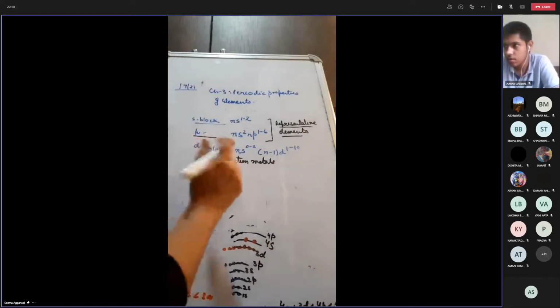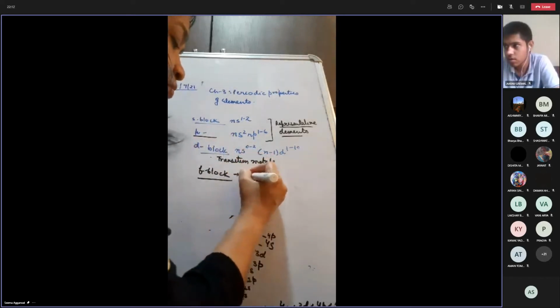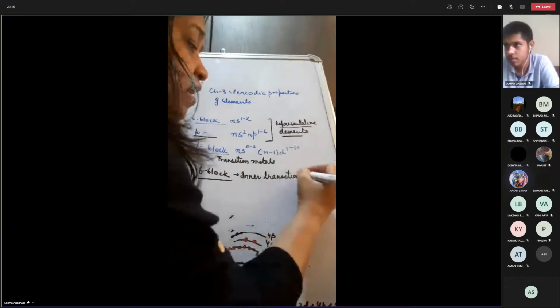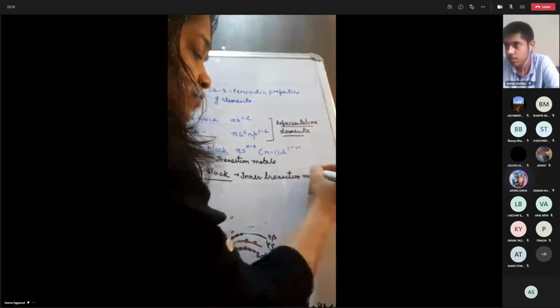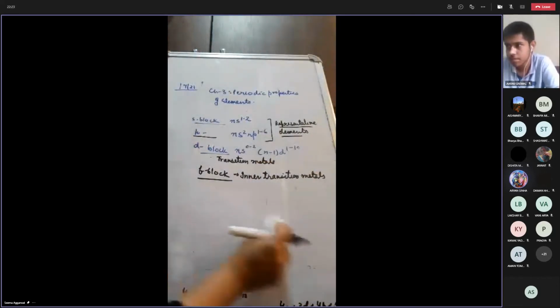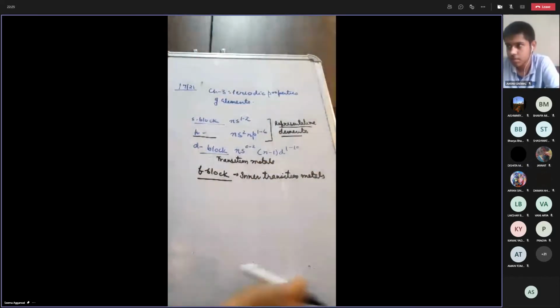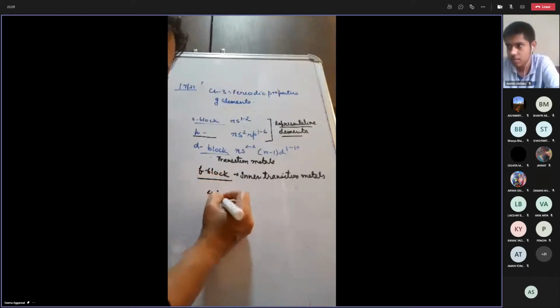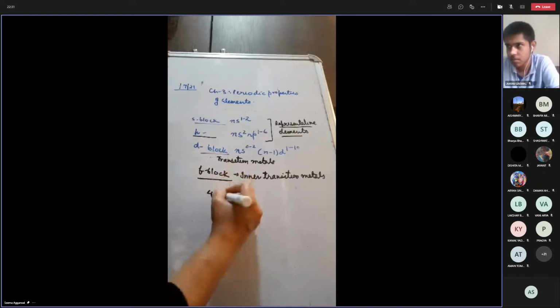What is the name given to F block elements? Representative elements again? Inner transition elements, or metals, or elements we can also say. And then I have told you in the case of F block, what we have got is the 4f series, and then the 5f series.